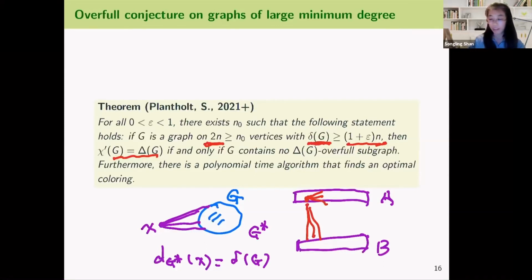Then to concretely give a coloring, we first color all the edges in A, all the edges in B, together with only a few edges between A and B, such that every color class is a perfect matching. After that, we are left with a regular bipartite graph, which is always class 1. Then you combine the two colorings together, and that gives a delta G coloring of the original graph.